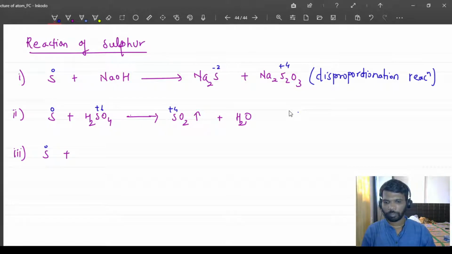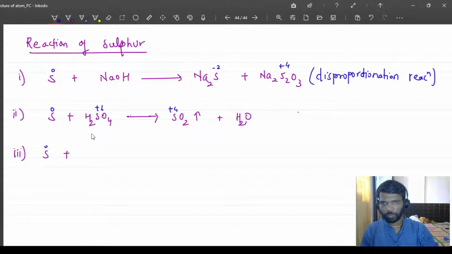Here, with respect to this sulfur, there is a removal of the oxygens and the hydrogen, and with respect to this sulfur, oxygen is being added.